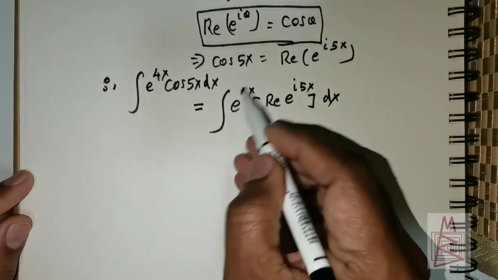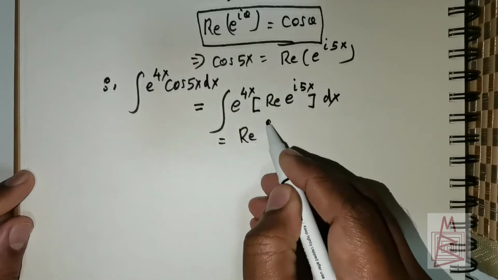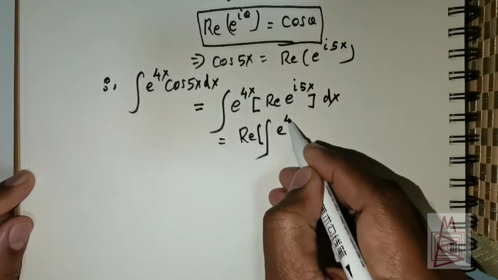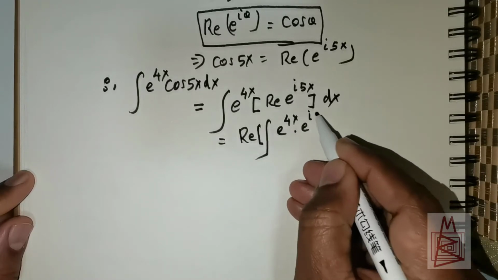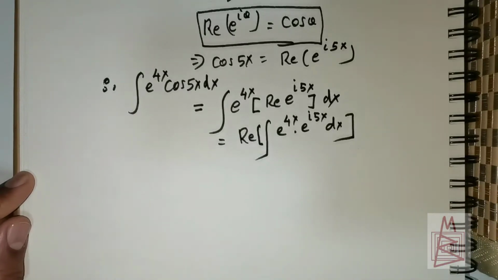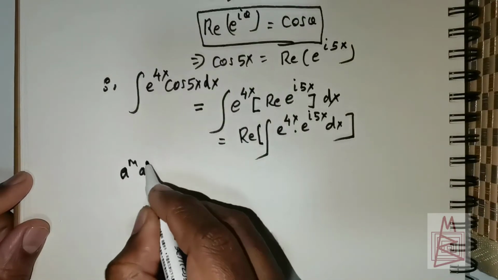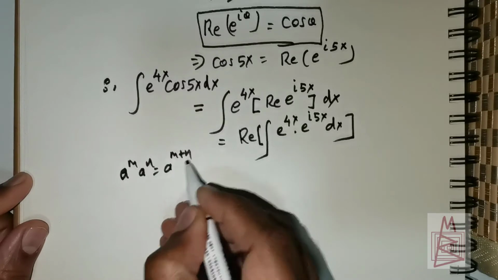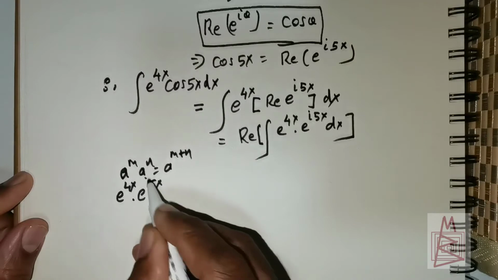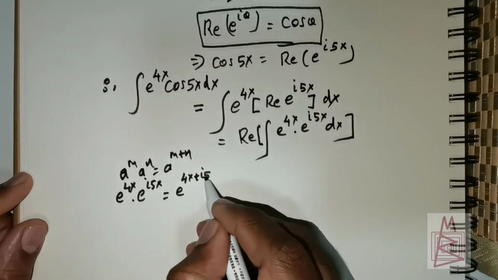Now clearly this is a real quantity, so I can move this real part outside and rewrite this entire quantity as the real part of the integral of e^(4x) times e^(i5x) dx, with the parenthesis being closed. Now I know by formula a^m times a^n is a^(m+n), and e^(4x) times e^(i5x) is going to be e^(4x+i5x).